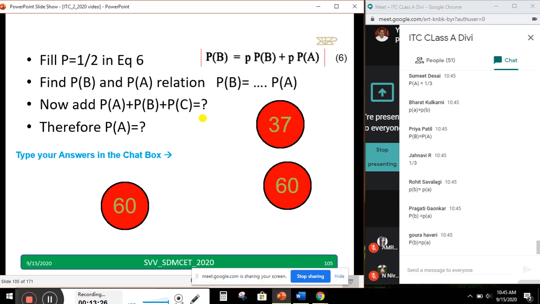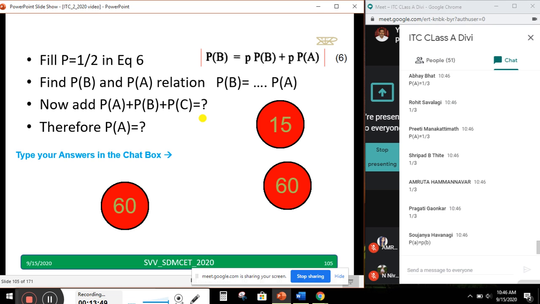P of B equal to P of A. Priya Patil. Simran, P of A equal to P of B. Priya Patil 1 by 3, Chaitra P of A equal to 1 by 3, Nivedita, good. Devidas P of A equal to P of B, good. Vineet Sakaria 1 by 3, Shilpa and Nayak, Geeta, Parmeshwara, Abhay Bhatt, all are getting 1 by 3.